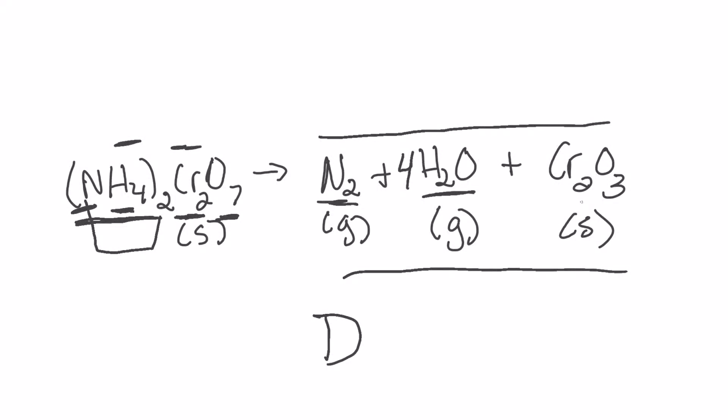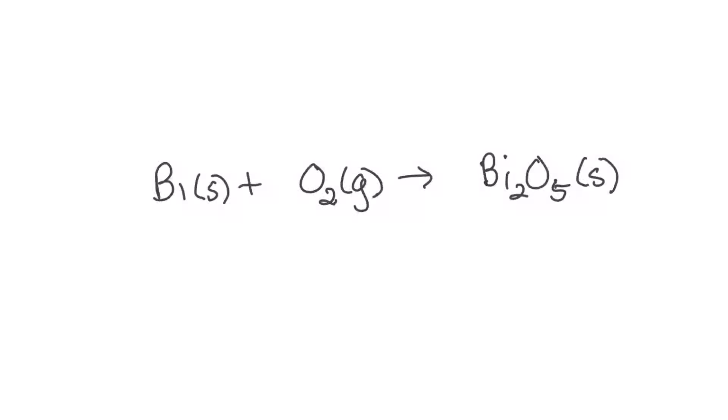And on the other side, I have 2 chromiums. And I have 7 oxygens on the left and 4, 5, 6, 7 on the right. So I'm balanced already. So all I had to do was put a 4 in front of the water, and that's a balanced equation. So the only trick for that is to do the elements individually.